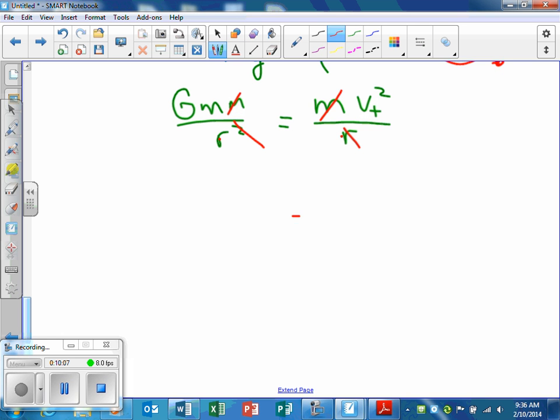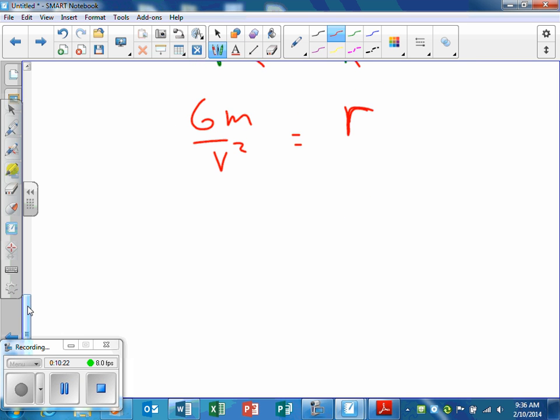So I'm going to solve for r, okay? So GM over v squared, right? As long as I did my math right, this is how far away I would be from the center of the earth. So now let's just plug and chug, like they like to call it.